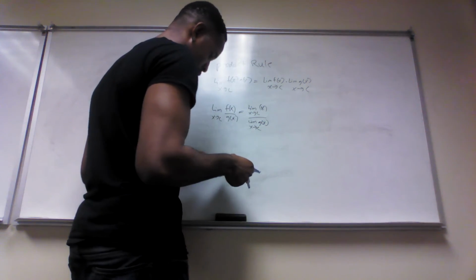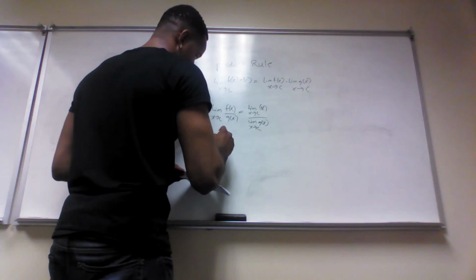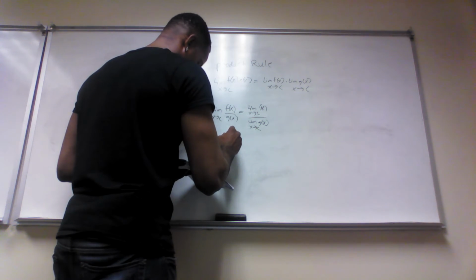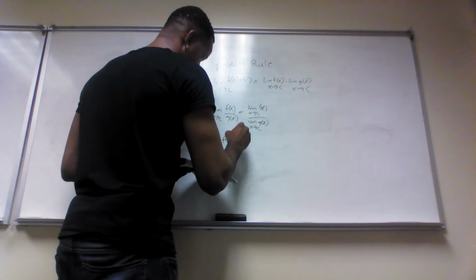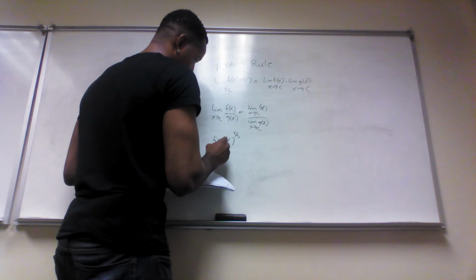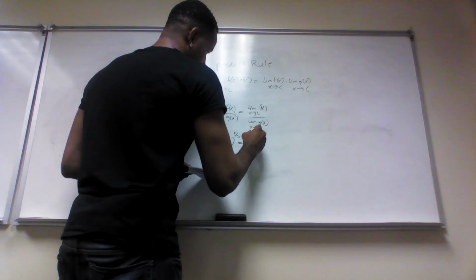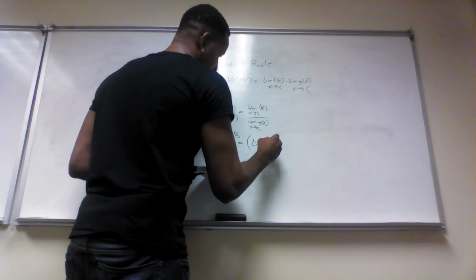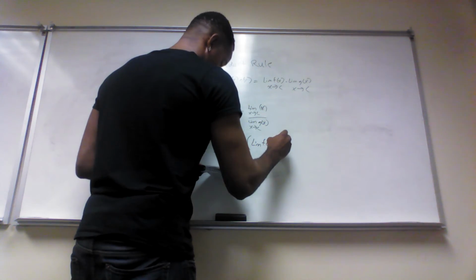And now we have the power rule, which is basically the limit of f of x to the power r over s as x approaches c is going to equal, in parentheses, the limit of f of x as x approaches c, raised to r over s.